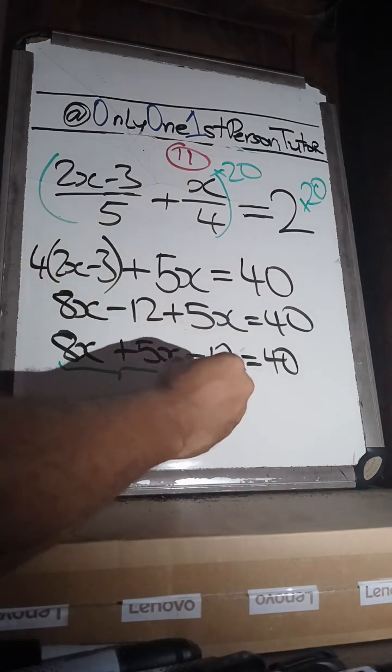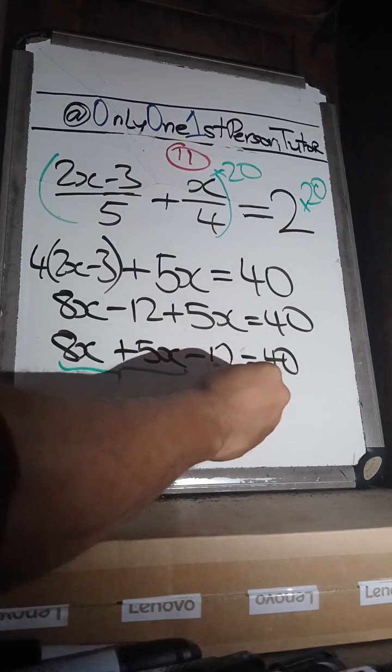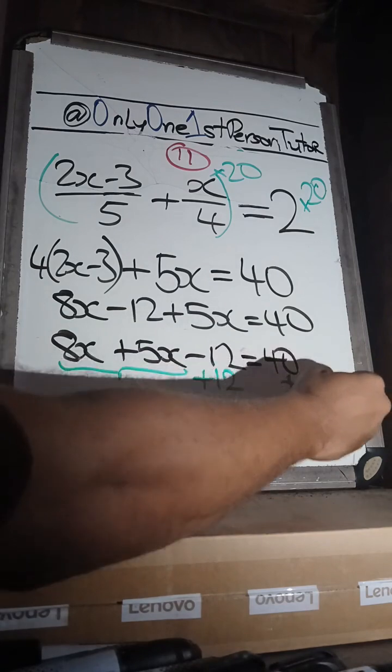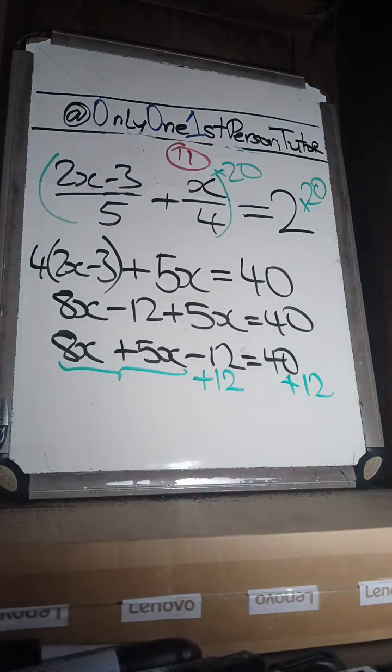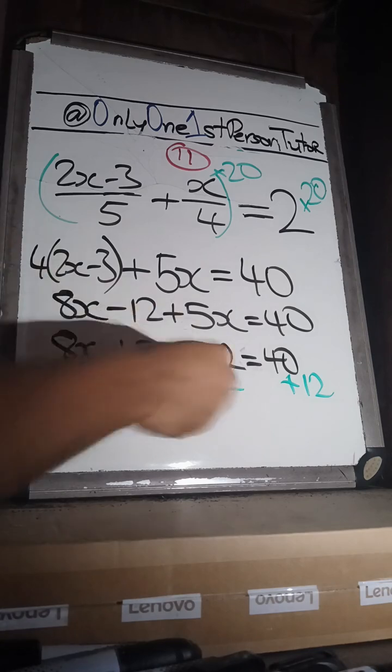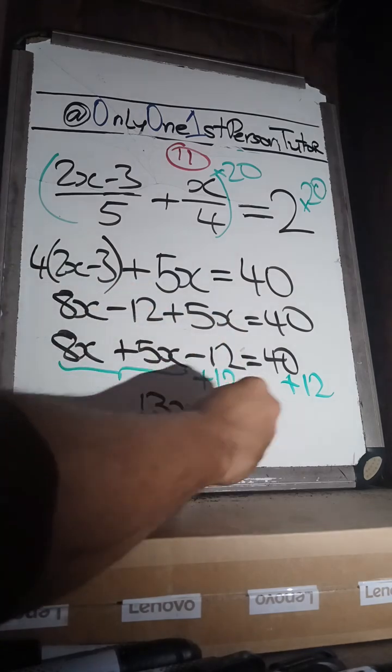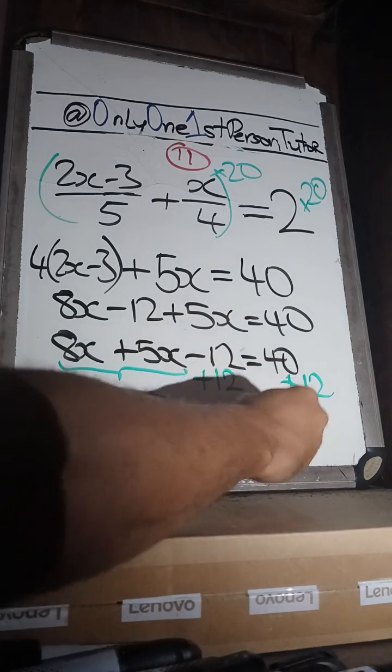So take yourself away and do that over here. I'm surprised I got that number. 52? Alright, whatever. So 12 minus 12, 0, 0 plus this is 13x. And that is 52.